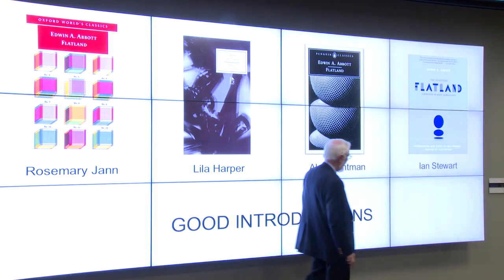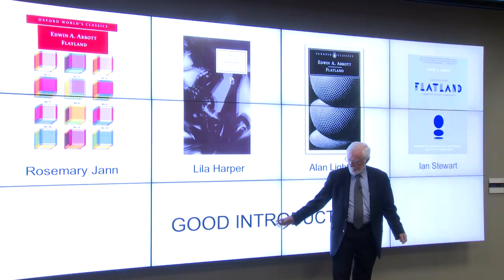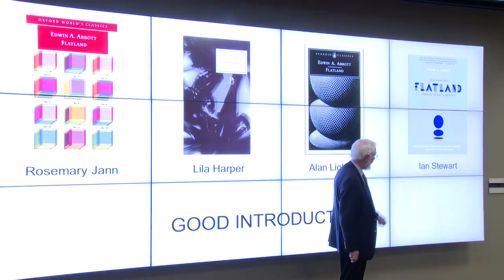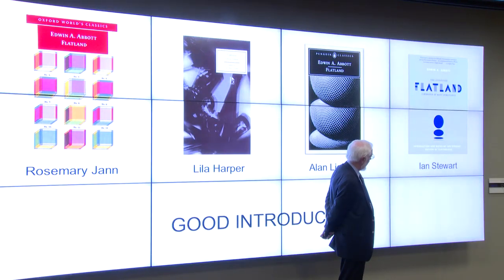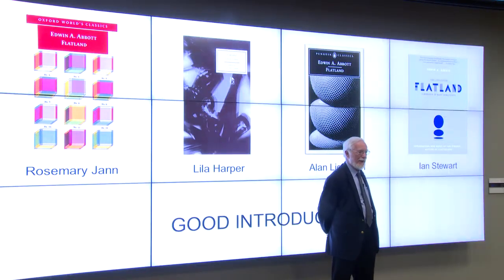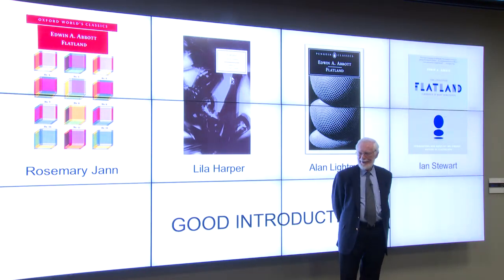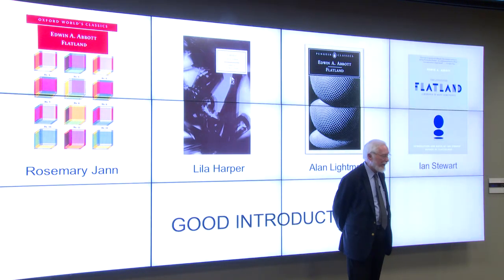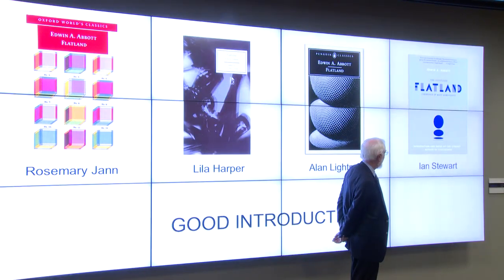This book, I have to admit, is a good introduction, but my co-author, Bill Lindgren, was really very angry with Ian Stewart because he wrote The Annotated Flatland, and that was the title that Bill wanted to use for our copy of the book about Flatland.